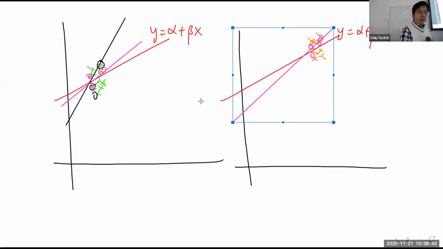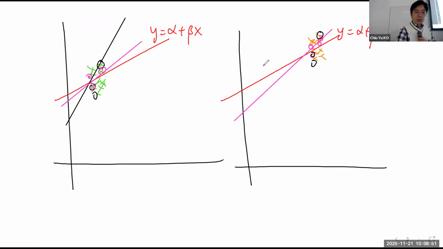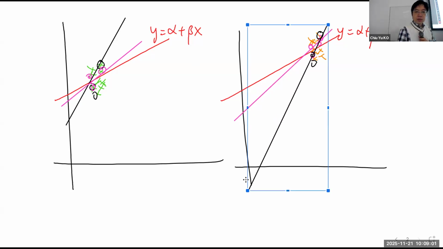Okay. And if the data is again like what I'm doing, your line to be drawn will be somewhere like this. Okay. So here you will see the possible range.